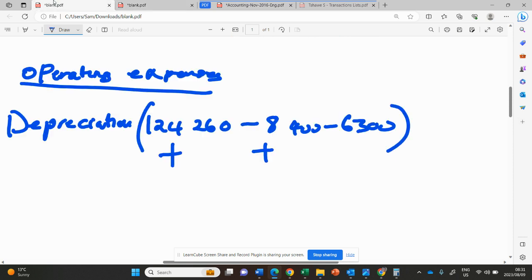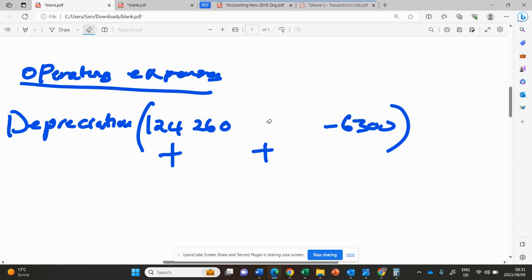But here, you can't deduct this 8,400, as that one was not affecting our current year depreciation. And obviously it was calculated correctly, as in the first year the accumulated depreciation was zero. So first year we apply straight line.